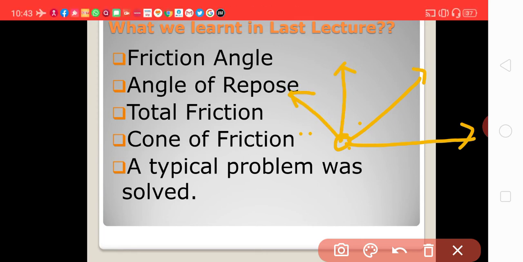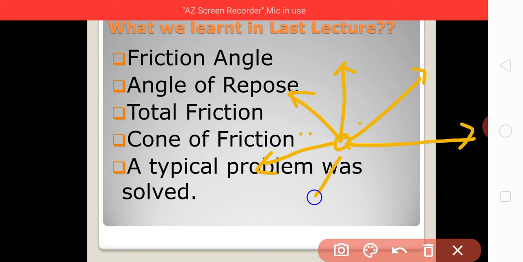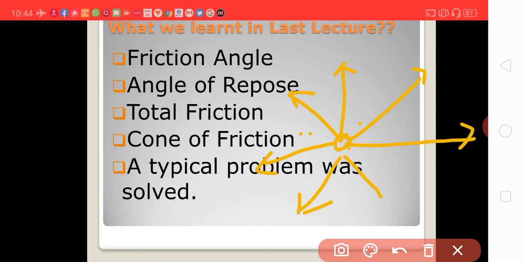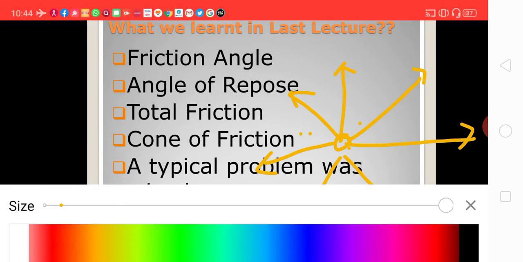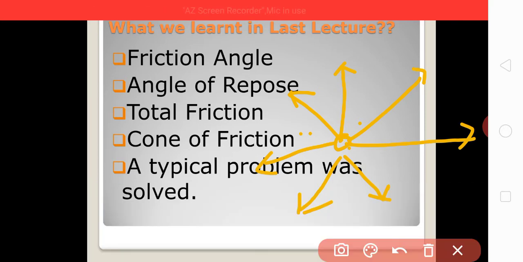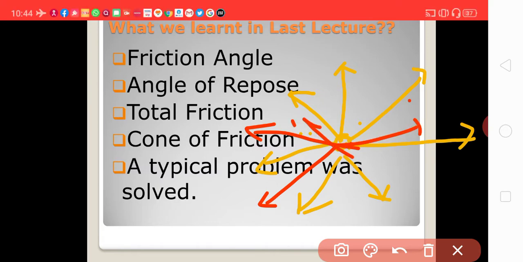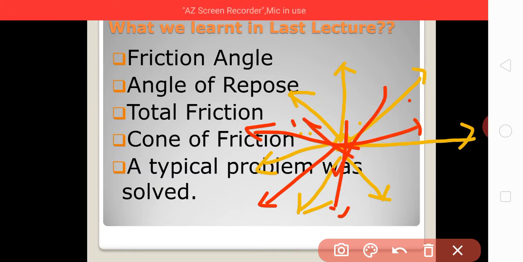Then the frictional force will act in this way for each, always just opposite to the direction in which the body tends to move.